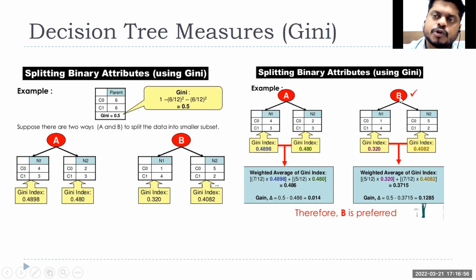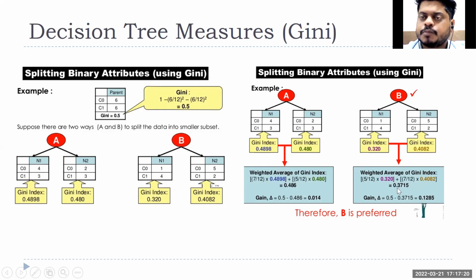But if I'm taking home ownership as my variable, right? Gini index, so these values are coming from what we have already calculated, 0.320, 0.4082, right? When I calculate the weighted average, total number of data points 12, 5 by 12 times 0.320, this is 7, 7 by 12 times 0.4082, right?